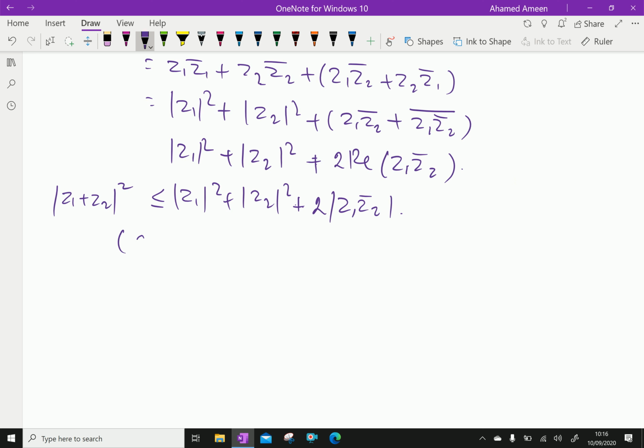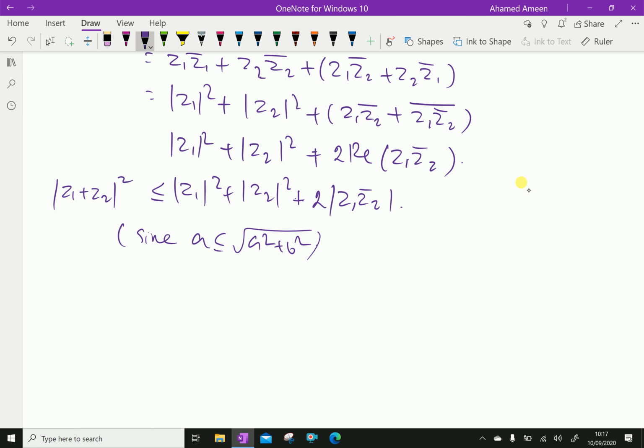Since a is lesser or equal to the square root of a square plus b square, the real part of the complex number a plus bi can never exceed its absolute value.